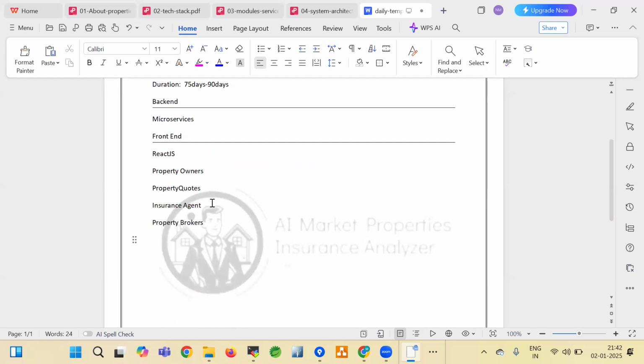So these are the four actors for whom we're going to design and develop this product.